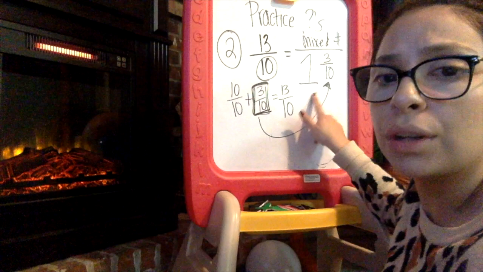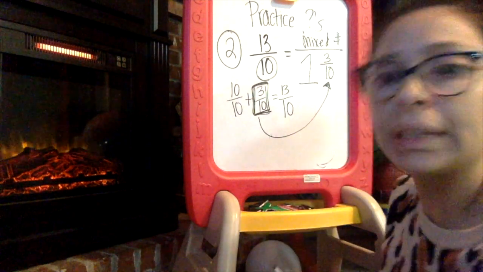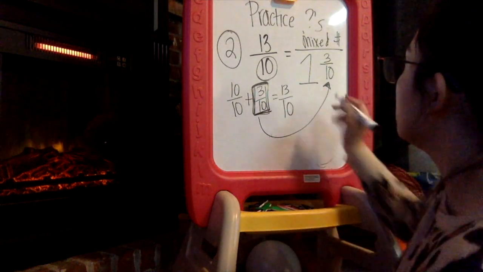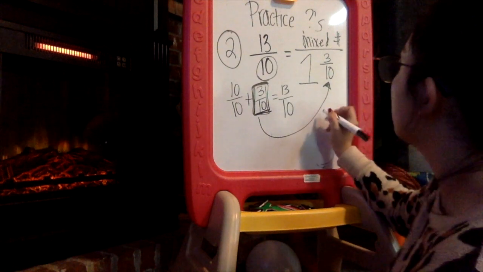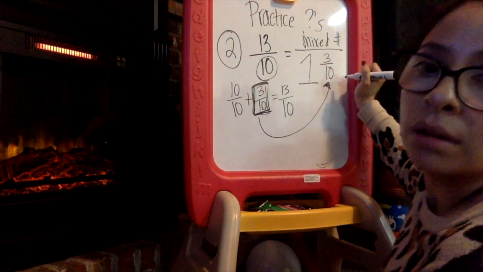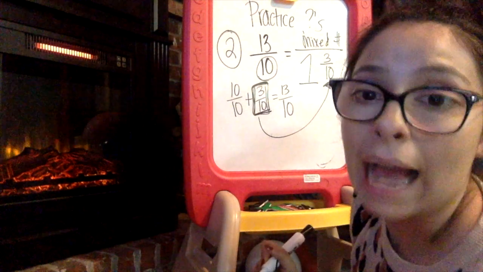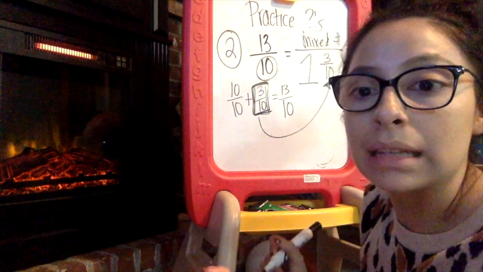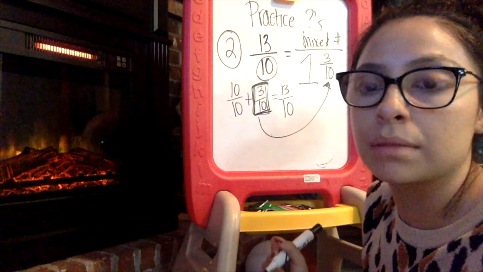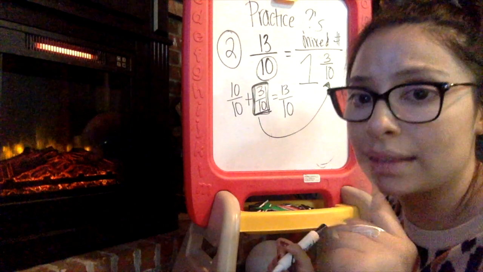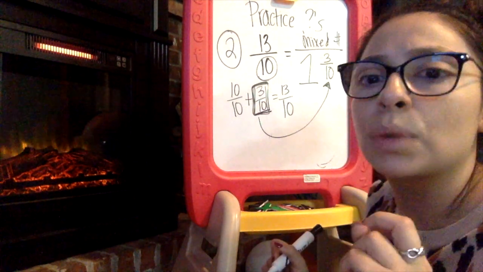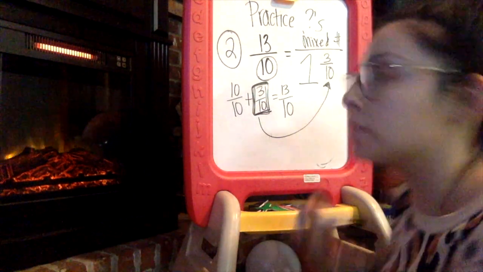I also want you to know that 3 tenths, that's equivalent to something. So your 1 would stay the same, but your 3 tenths, that's saying 3 dimes, which how many pennies are in 3 dimes? Well, 1 dime is 10 cents, 2 dimes is 20 cents, 3 dimes is 30 cents.